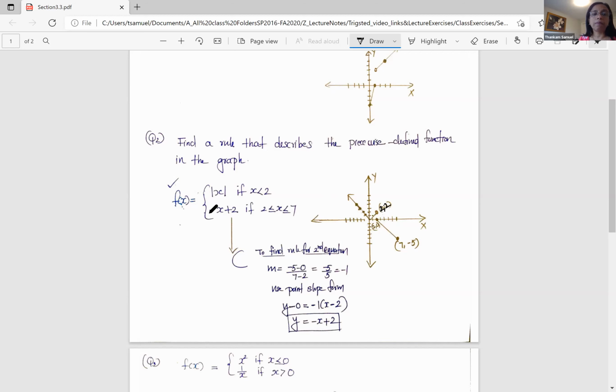So f of x equals absolute value of x if x is less than 2, that is this graph, and equals negative x plus 2 if 2 is less than or equal to x less than or equal to 7. All x values between these points, and it also includes the x value 2 and the x value 7. So this is another question based on the piecewise function.